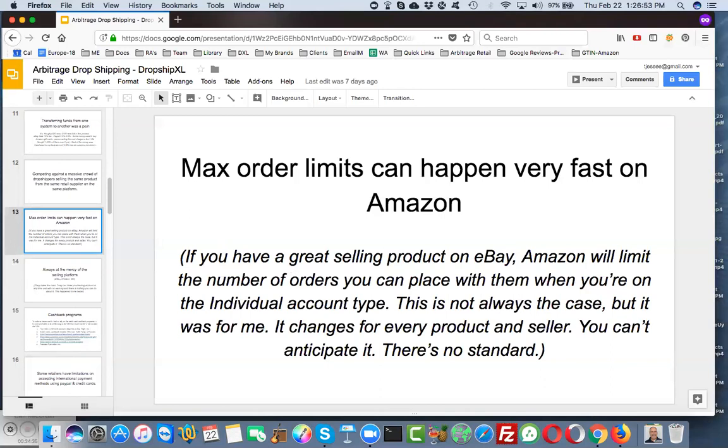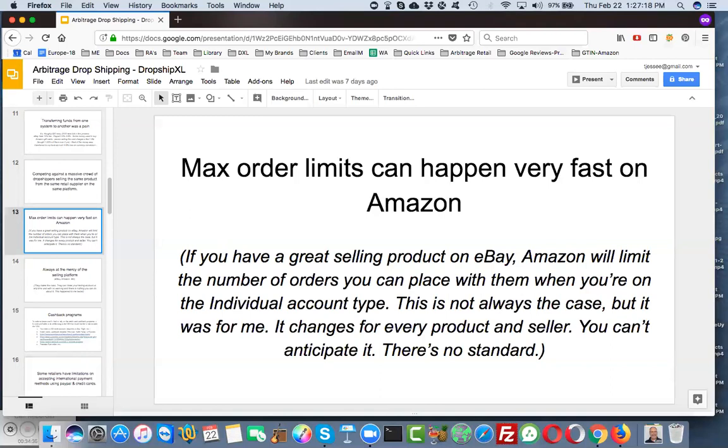The other thing is that many third-party sellers on Amazon will limit an account to a number of purchases for the same product. They will say, okay, you can only buy 10 pieces of that product in 1 month. But you have no way to know that before you do it.